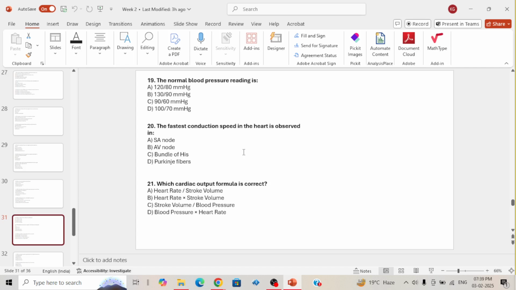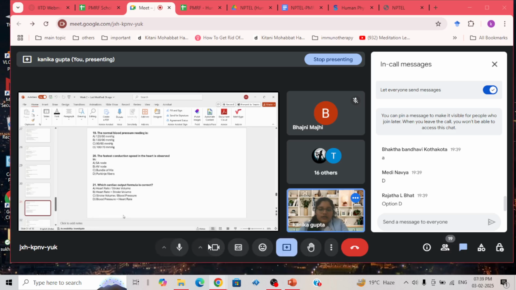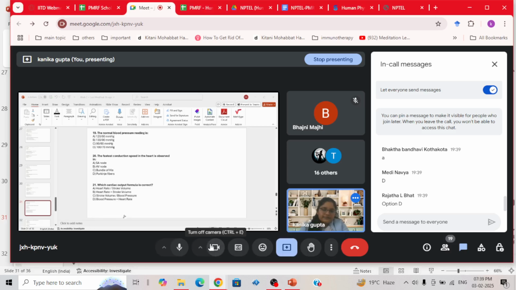Okay, the fastest conduction speed in the heart is observed in. What is the answer to this question, everyone? Navya, have you answered D for question number 20? Yes, ma'am.